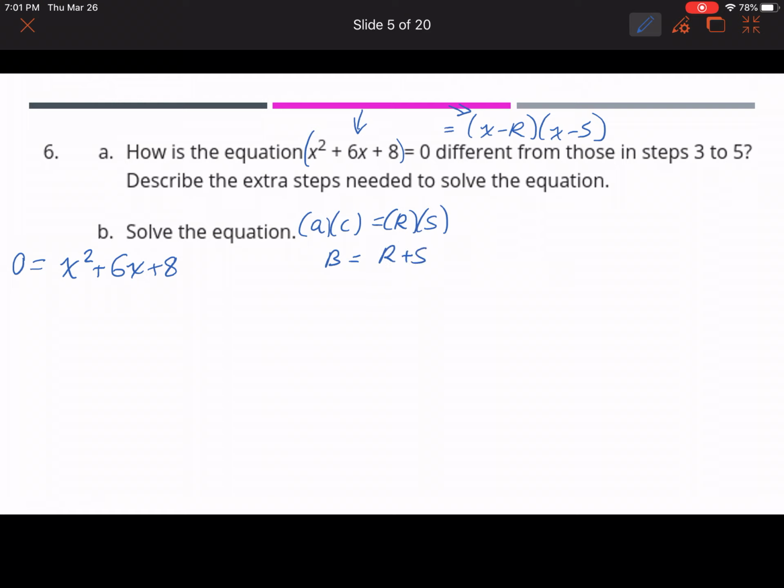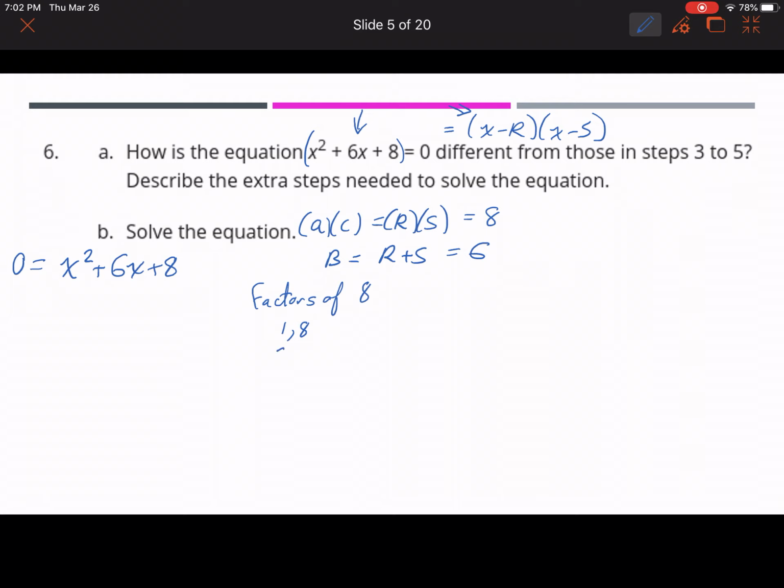Remembering those hints. So we don't have an a, so really we just need two numbers that multiply to 8, which is 8, and add to 6, which is 6. So we need to find factors of 8. So we can do 1 times 8.